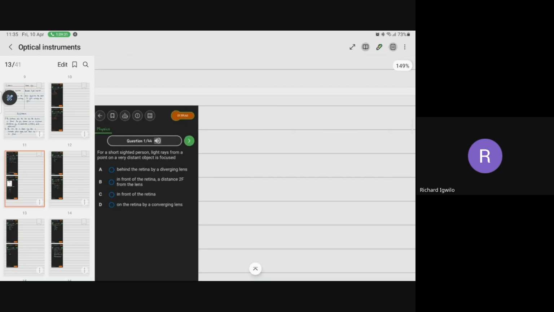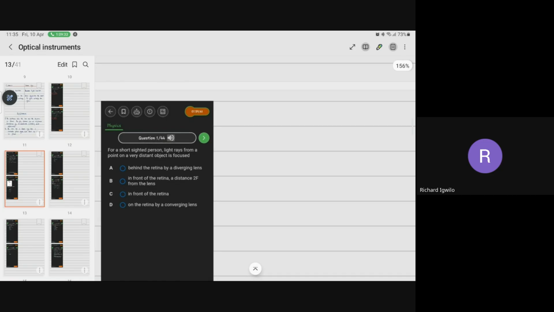The next one: for a short-sighted person, light rays from a point on a very distant object are focused where? Remember, for long sight, the image is formed behind the retina.